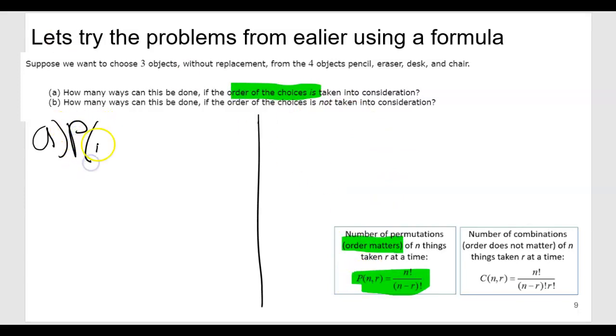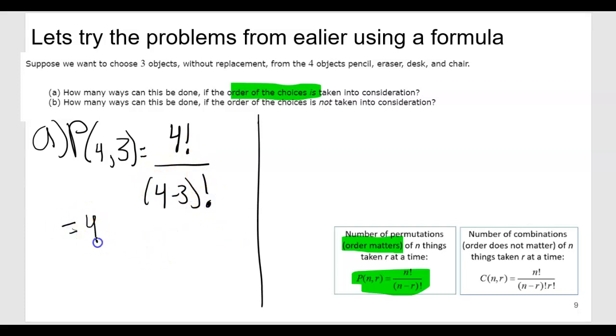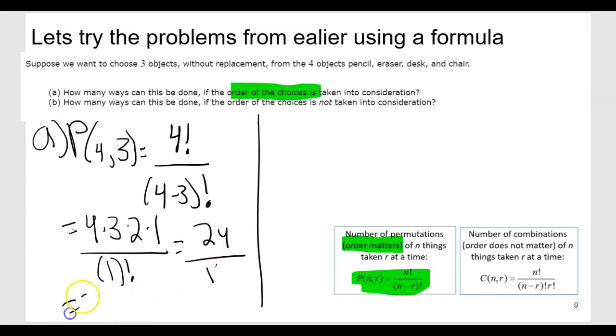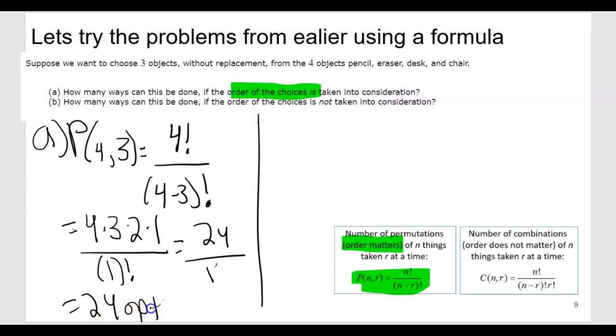And I have 4 options, but I only want 3. Four factorial is 4 times 3 times 2 times 1. 4 minus 3 factorial is 1 factorial, or just 1. So I'll still get 24 over 1, or 24 options.